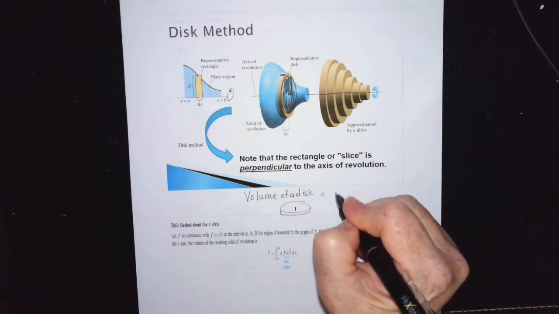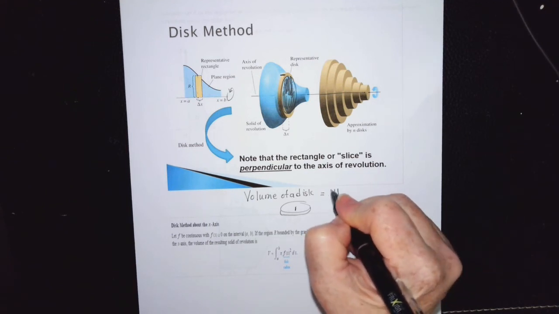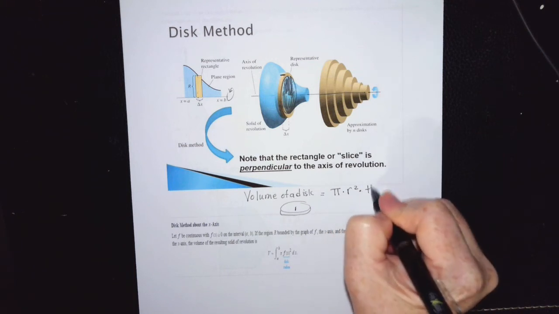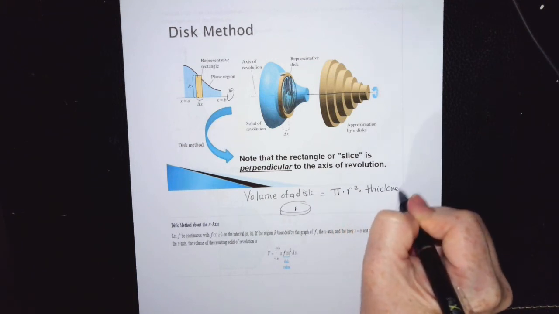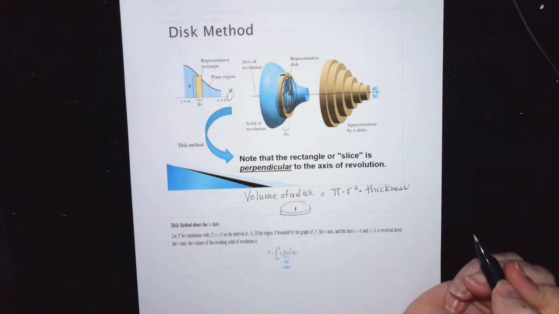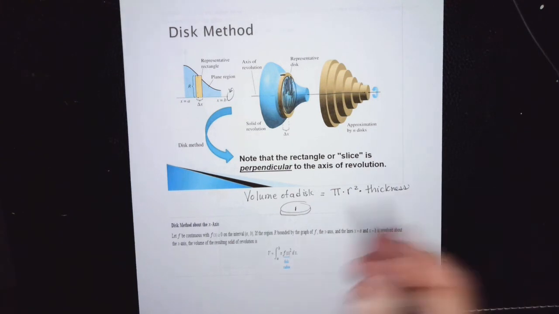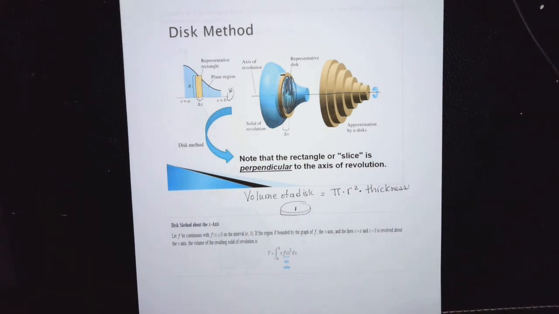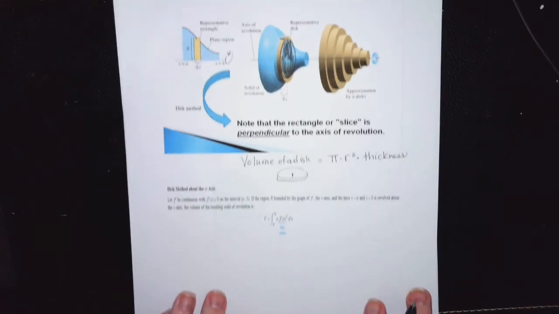So the volume of a disc in general is pi times the radius squared times the thickness of the disc. That's just geometry, right?